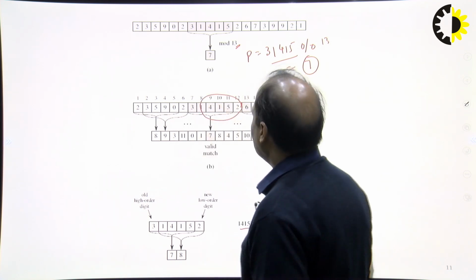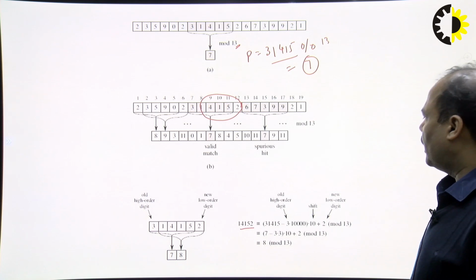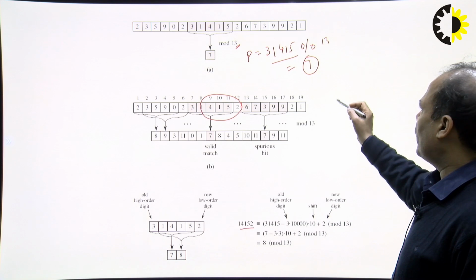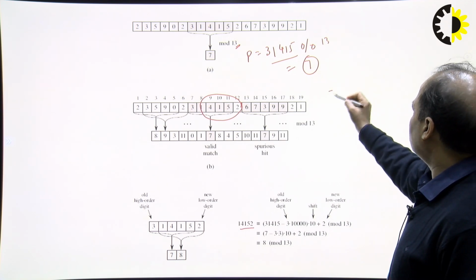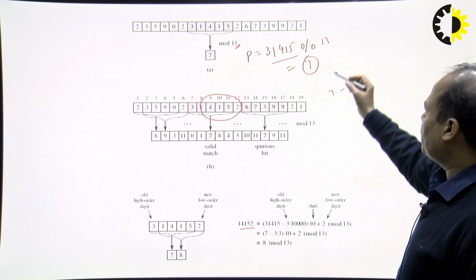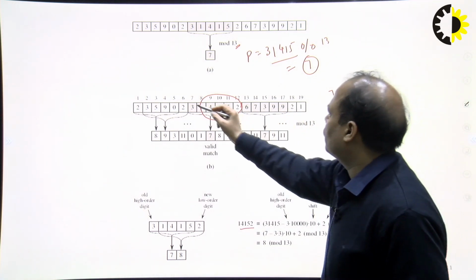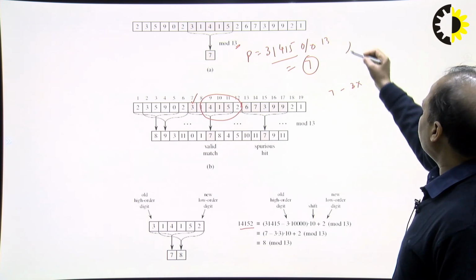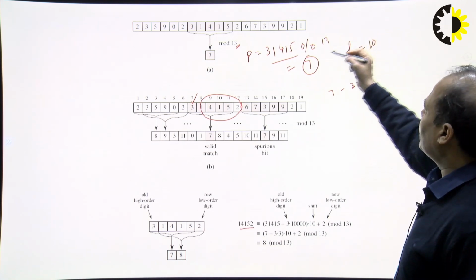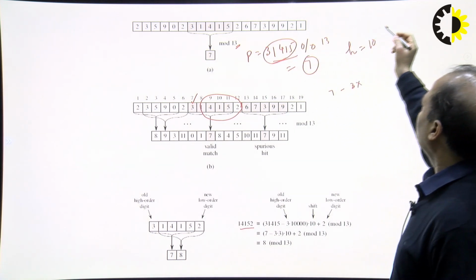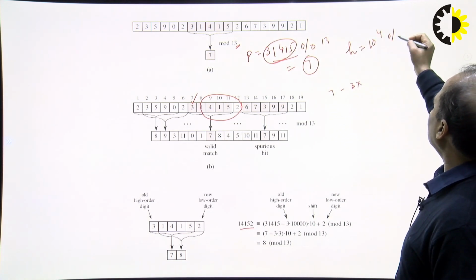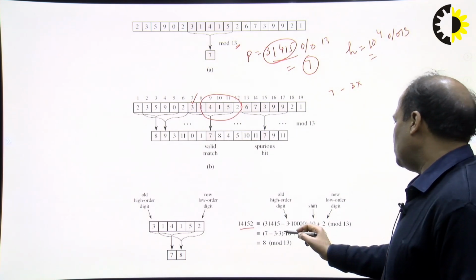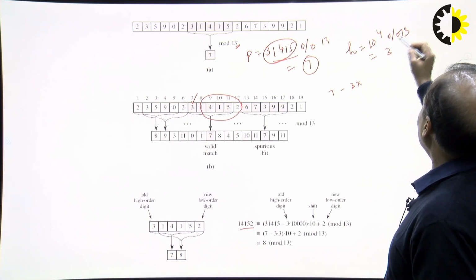Of course you are not going to compute the entire pattern again. So in order to get the next one, its hash value is 7 minus the next value, this MSB 3, into H, and H is computed as 10 to the power M minus 1, where M is 4, modulo Q 13, and once you compute it, its value is 3 actually.